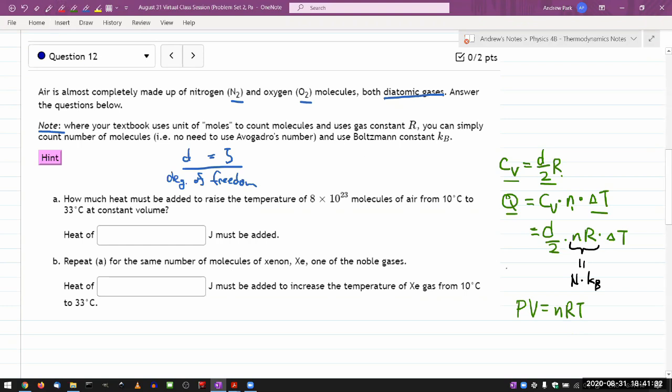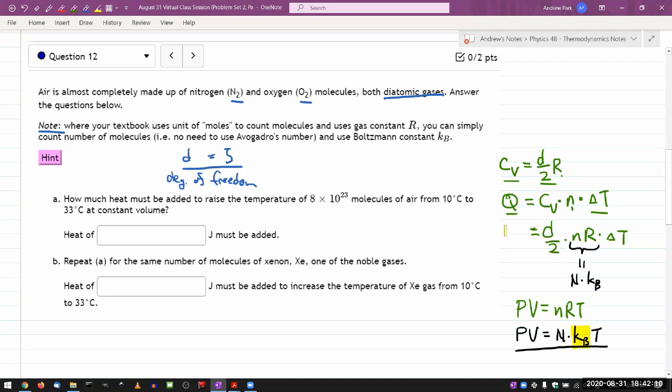But the version I will consistently use in this class is PV equals number of molecules, no moles, times Boltzmann constant times T. No Avogadro's number, no gas constant, and this is because I'm trying to minimize the number of arbitrary constants, and frankly, even Boltzmann constant is a bit of an arbitrary constant anyway. But I tolerate Boltzmann's constant. I won't tolerate gas constant.